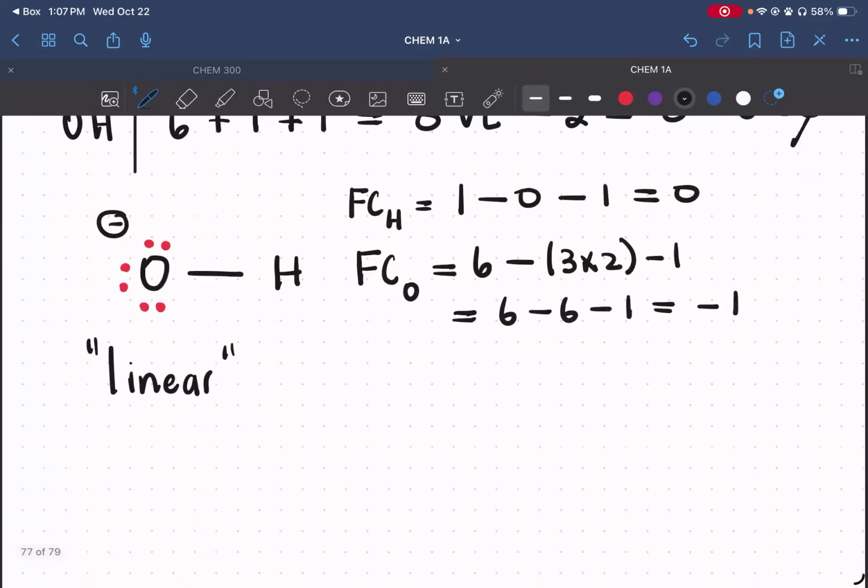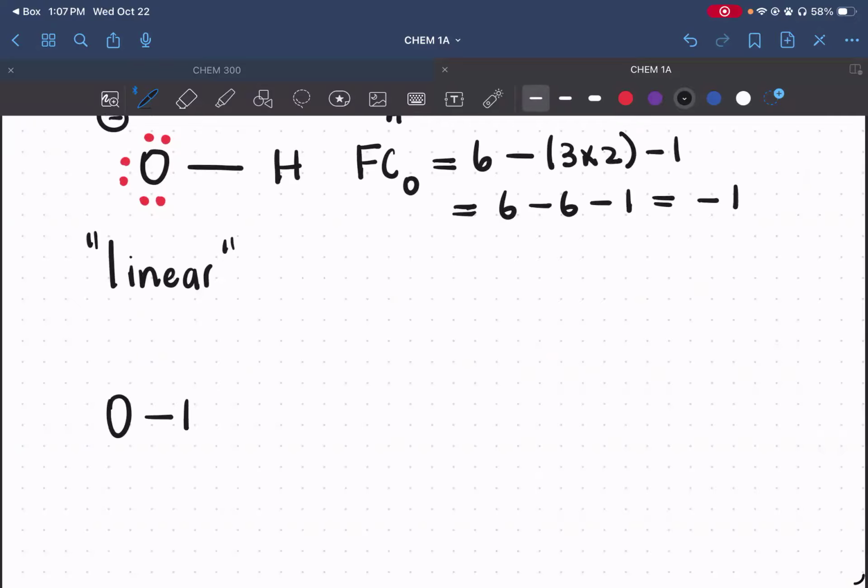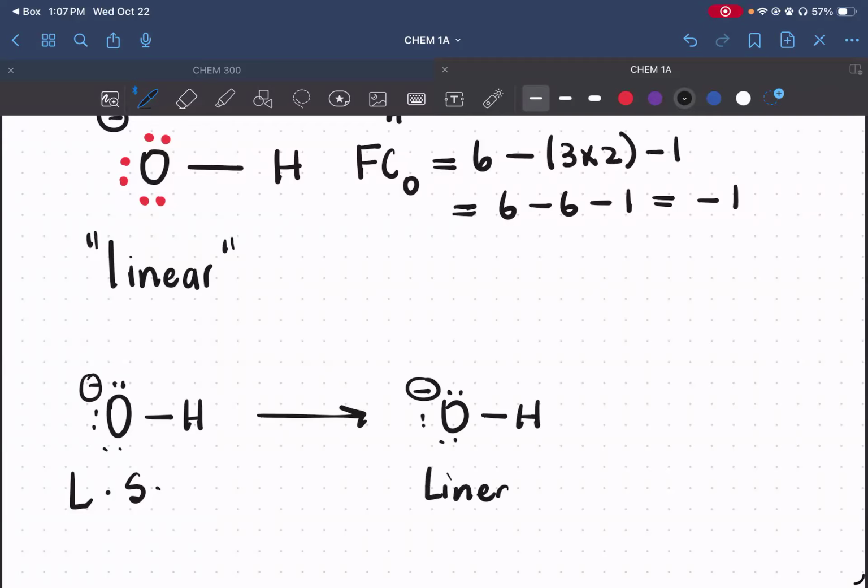In other words, the Lewis structure we just drew is also the VSEPR geometry. No change because there's only 2 atoms. No bond angle either. Between 2 points is just a straight line.